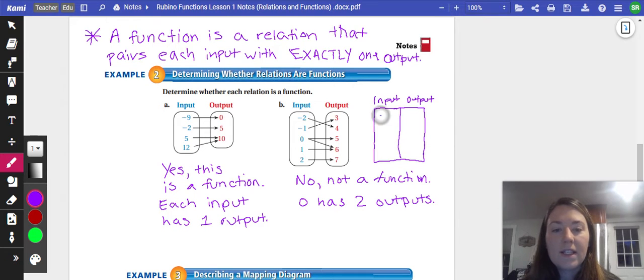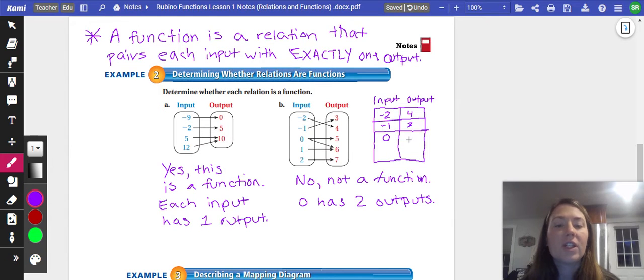And I'm going to list my ordered pairs. So -2 matches up with 4. -1 matches up with 3. 0 matches up with 5 and 6.